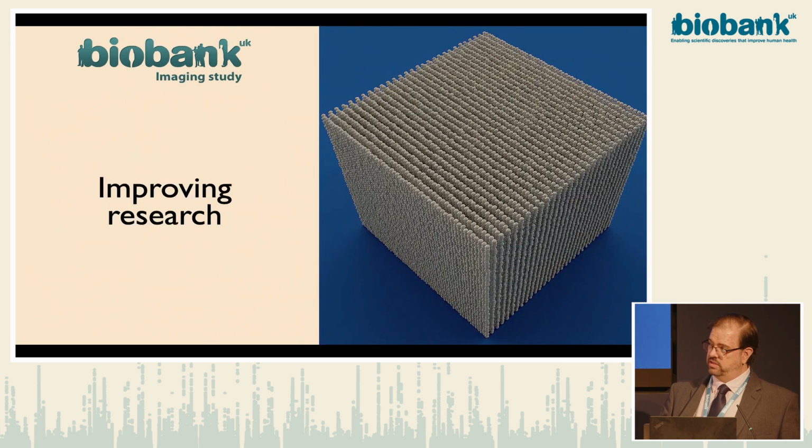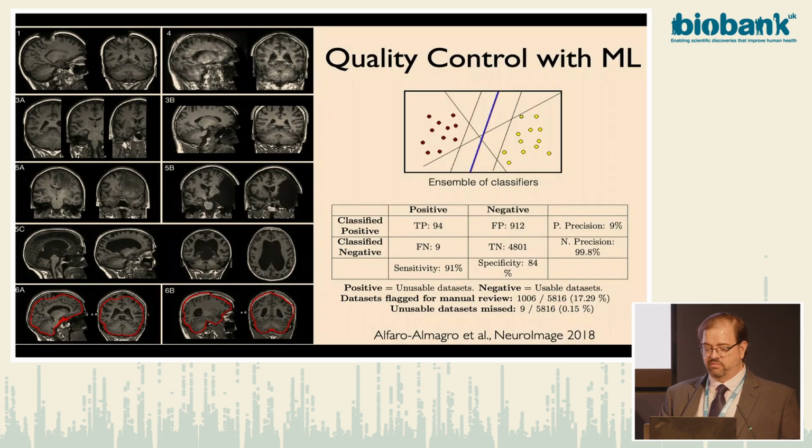But we are not only generating the data, we are also curating it and giving recommendations on how to use it. For example, I spend a big chunk of my time working on quality control. And as you can see on the left, there can be many issues in the images that would impact the IDPs that we generate.